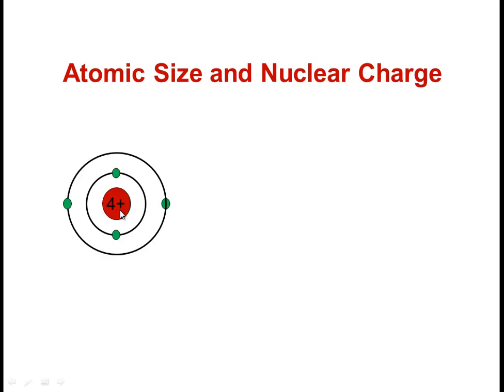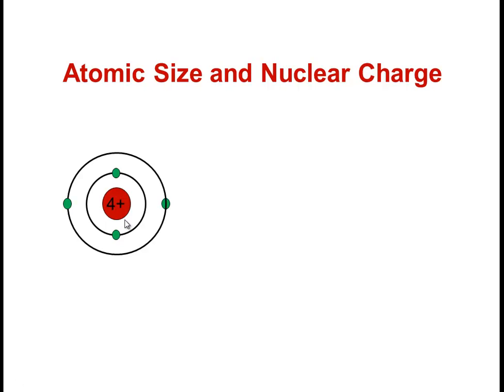Atomic number 4, and in going from lithium to beryllium, you've increased the magnitude of the charge here, and so the force of attraction between the nucleus and the electrons is now greater. Okay, and so we kind of know that from Coulomb's law.